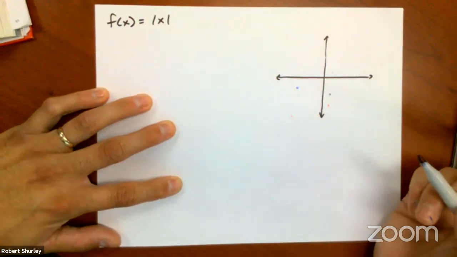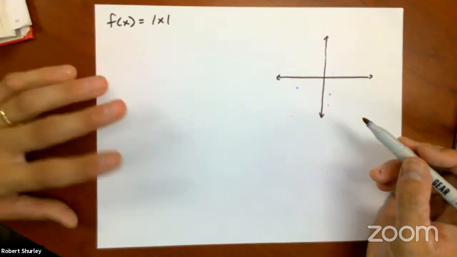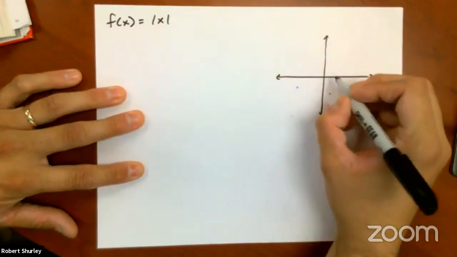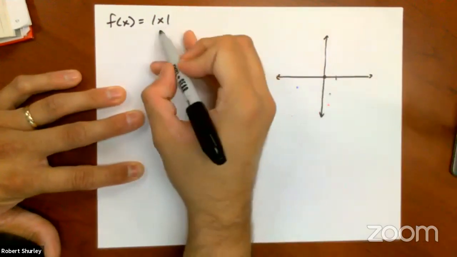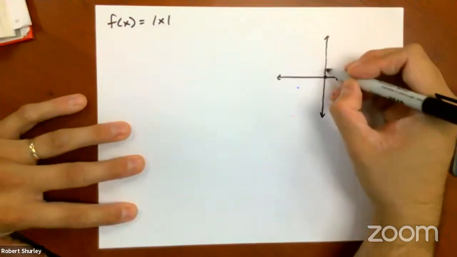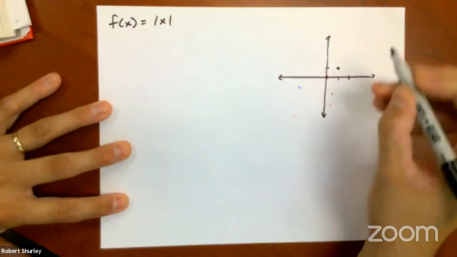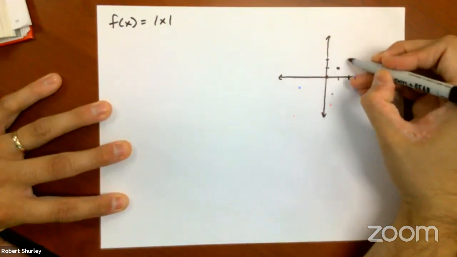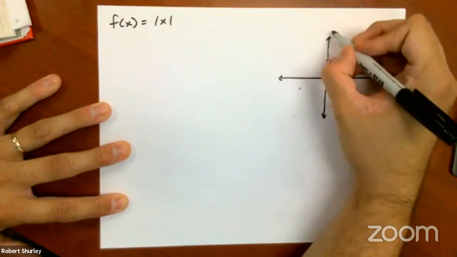The absolute value graph, if I wanted to graph it, looks like a V, and you can see it in the book there, but it hits the origin. And then think about this. If I plug in a positive 1 to that function, I would get back an absolute value of 1, so positive 1. If I put in positive 2, I would get back positive 2. And then this is actually going to be even symmetry.